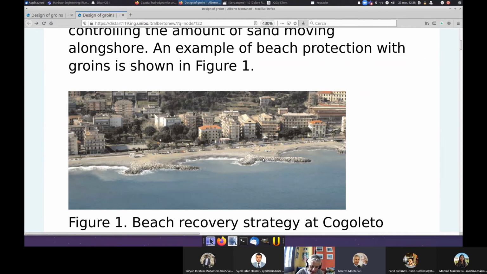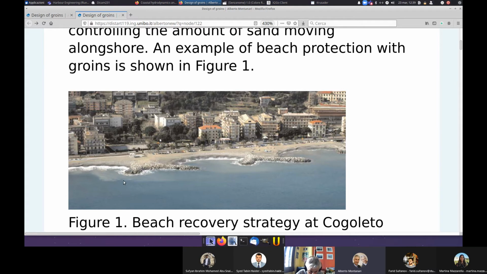It is not really a T, it is modeled as a T. But what I want to point out is that the downdrift orientation of the T is seaward rather than landward.